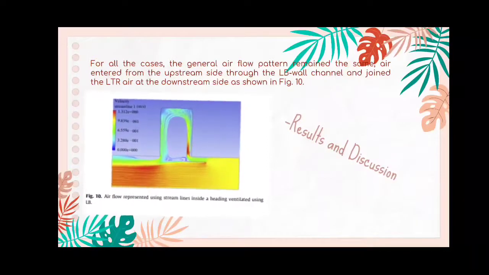And the next slide, there is the result and discussion. For all the cases, the general airflow pattern remains the same. Air enters from the upstream side through the LB channel and joins the LVR air at the downstream side, as shown in Figure 10.